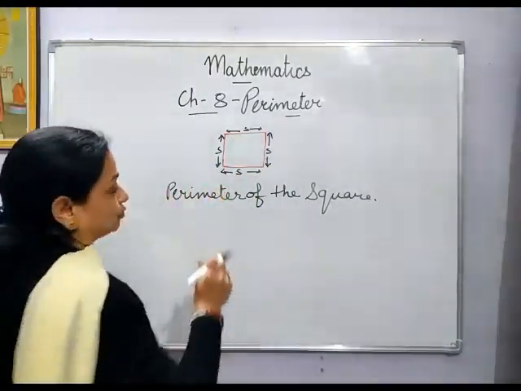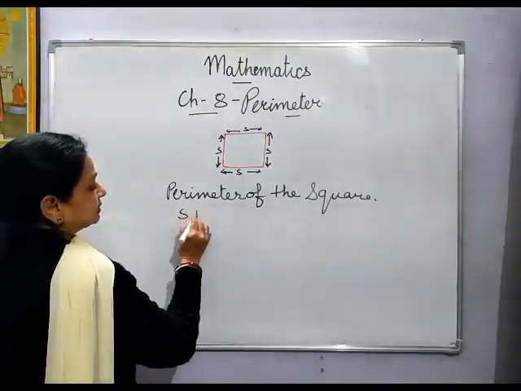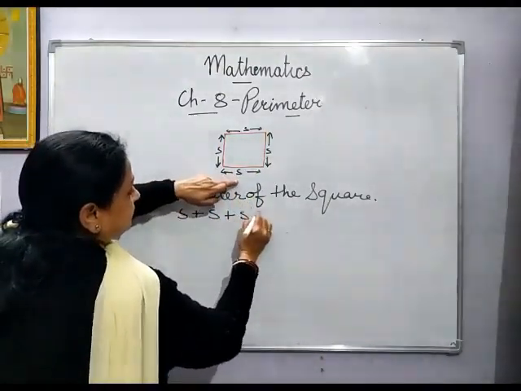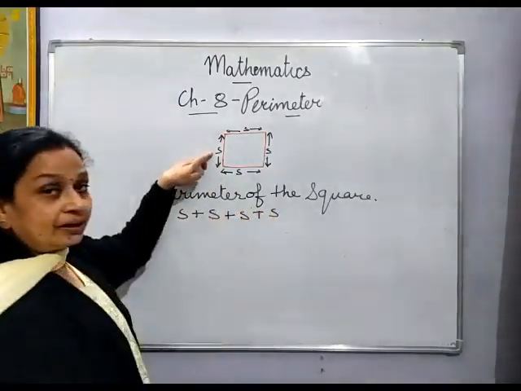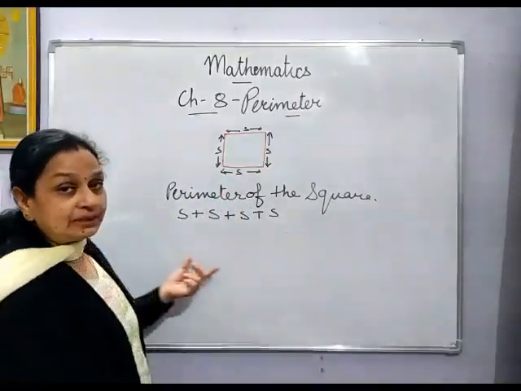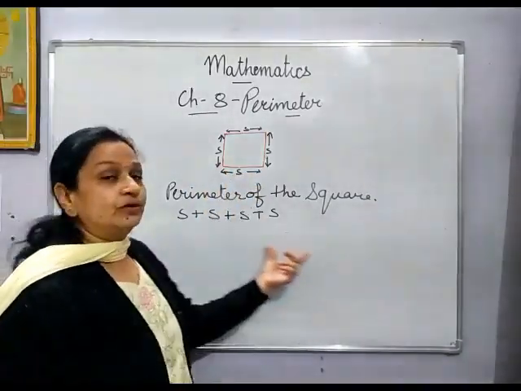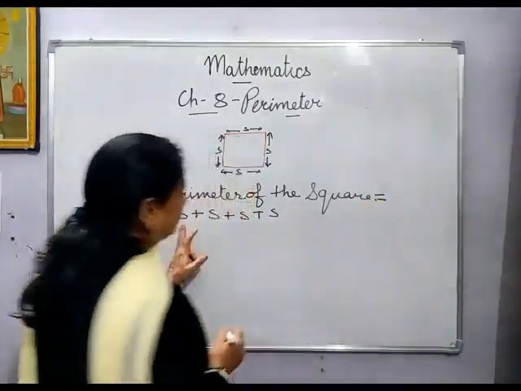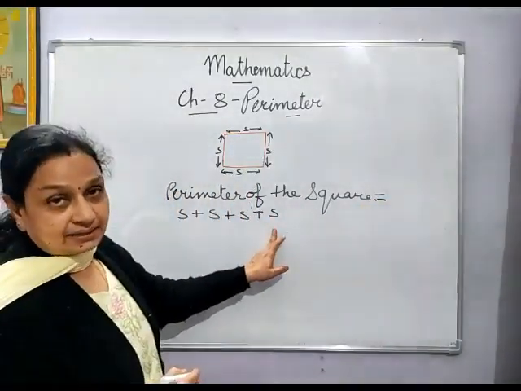So it will be S plus this S plus this plus this. Since all the sides are equal, the same value will be there, and you will add them. One method is this: perimeter of square is equal to S plus S plus S plus S.